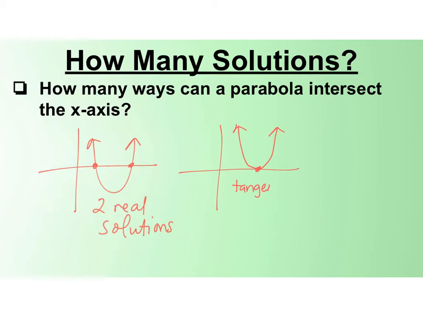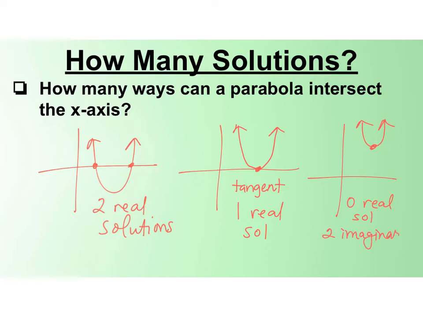It touches it and turns around and goes back. So this will have one real solution. And the other scenario is it could be above and open up so that it never touches the x-axis. So this has 0 real solutions. That means it's going to have 2 imaginary solutions, and we'll work on those in another lesson.